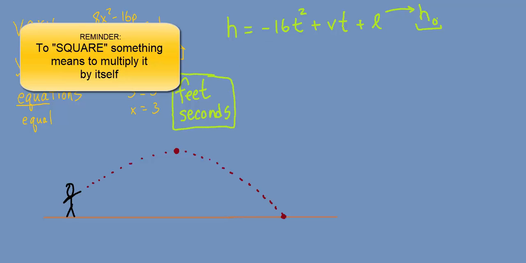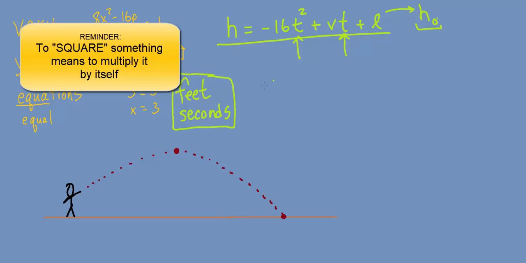So basically, if I'm throwing something up in the air and letting it come back down, I can use this formula to predict what height it will be at whatever time I decide to plug into this equation. Okay, now it looks like there's lots of variables here, right? It looks like there's an h, a t, a v, a t, and an l, but there's really only two because the v is something you're going to know.